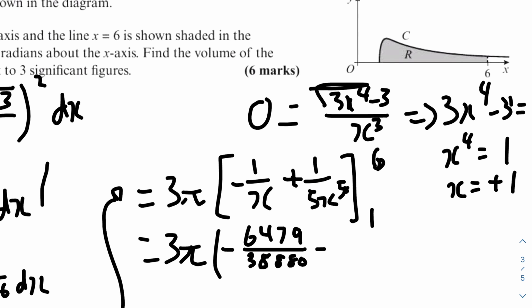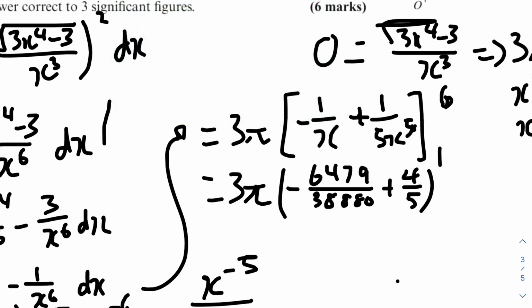That gets us minus 4 over 5. So minus minus 4 over 5 gets us plus 4 over 5. And if we were to simplify this, it would be 4 over 5 minus 6479 over 38880 times by 3 pi. And simplifying it gets us an answer of 5.97 unit cube, like so.